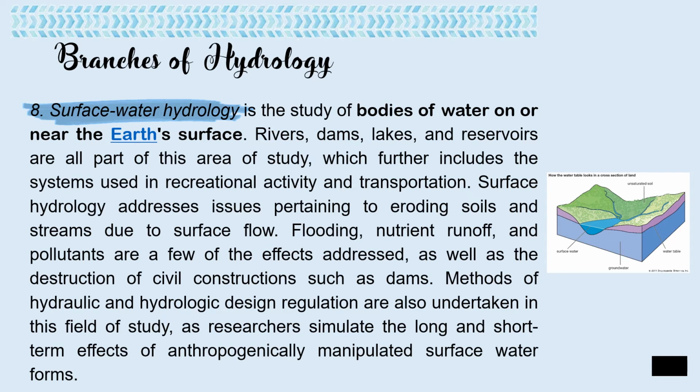Surface hydrology addresses issues pertaining to eroding soils and streams due to surface flow, flooding, nutrient runoff, and pollutants are a few of the effects addressed, as well as the destruction of civil constructions such as dams.